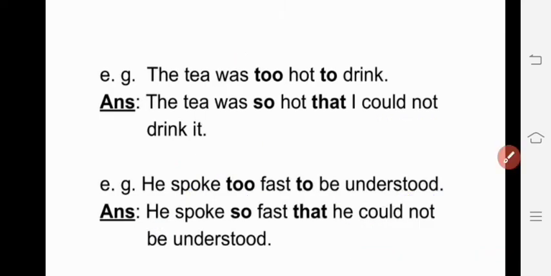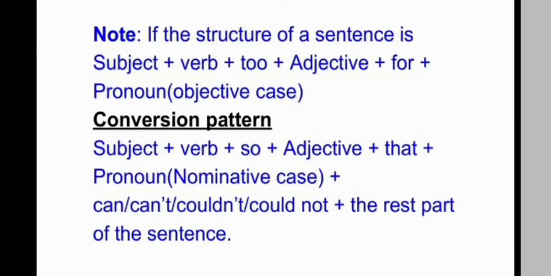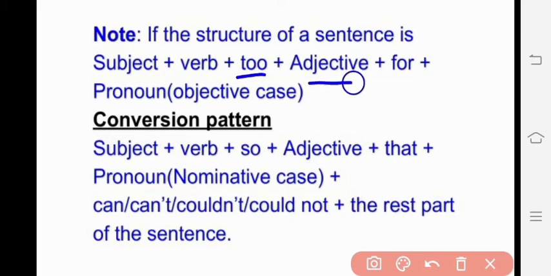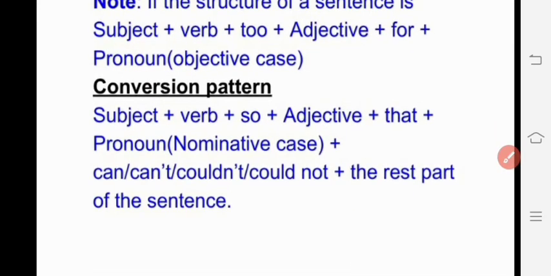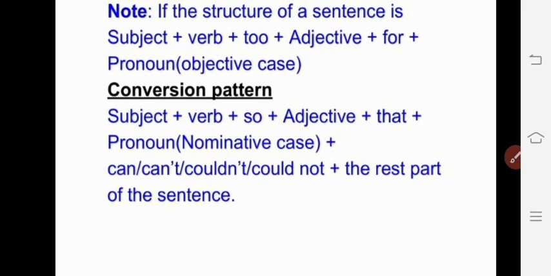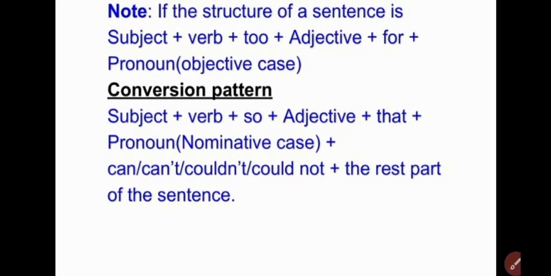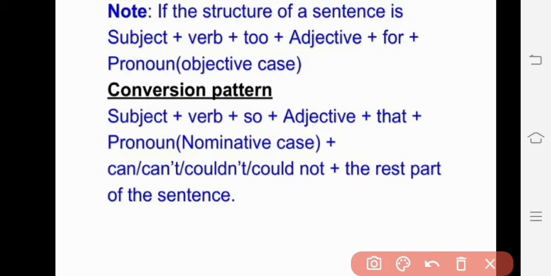Now we move to next. Important thing to remember: if the structure of the sentence is like this, subject, verb, too, adjective, then "for" is given. In this kind of case, what you have to do is "for" plus pronoun, if available. Then how do you convert the sentence using a different formula with "for", F-O-R?